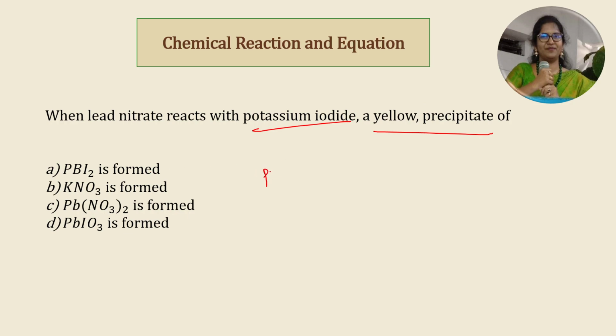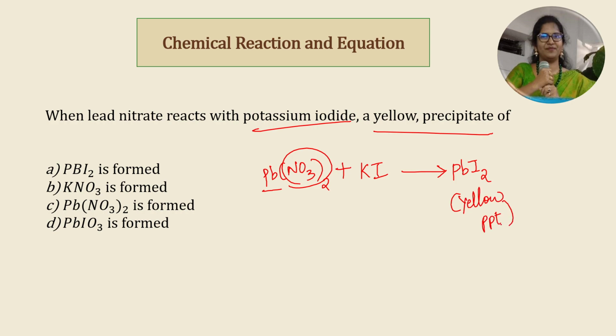Here PbI2 is forming, which is a yellow precipitate, and it will also form KNO3. So what happened here? The nitrate is being replaced with iodine.